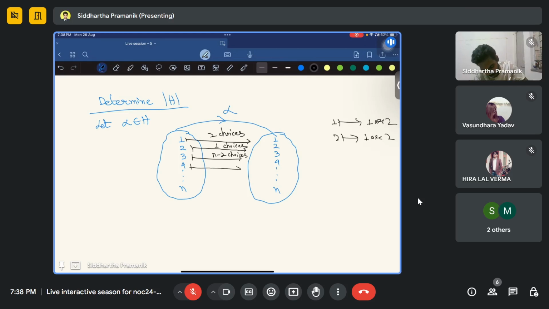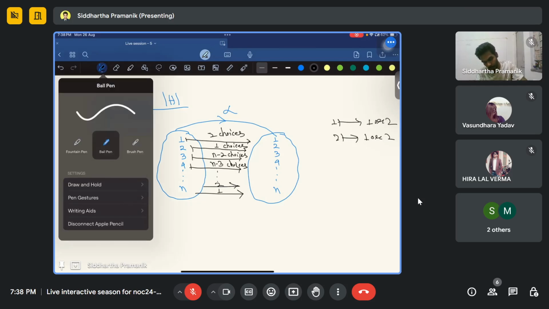So for 4, you can map it to n minus 3 possibilities. So similarly, for n minus 1, you have two choices, and for n, you will be left with only one choice.